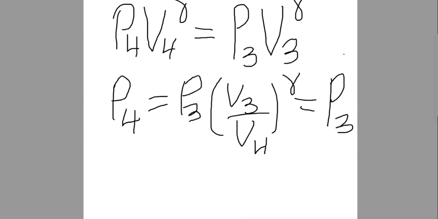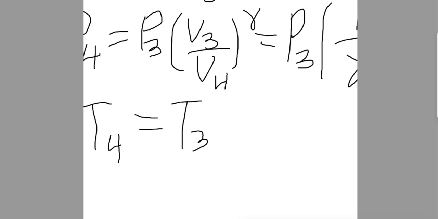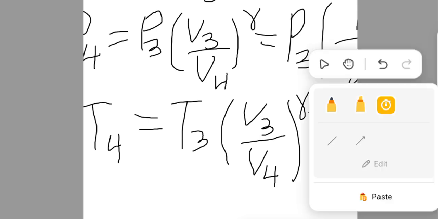If we use that formula, we are going to have T4 is equal to T3 into brackets V3 over V4 close brackets raised to power gamma minus 1.